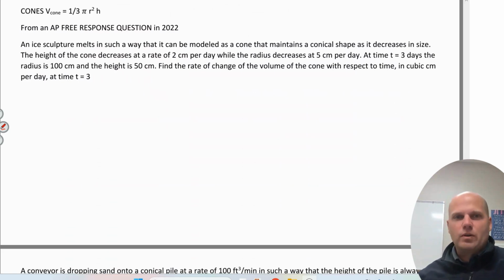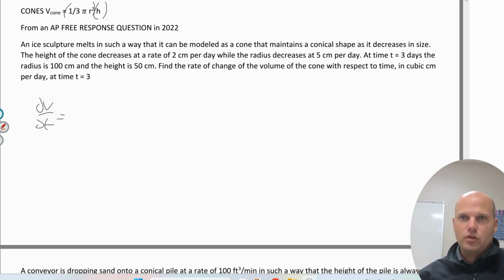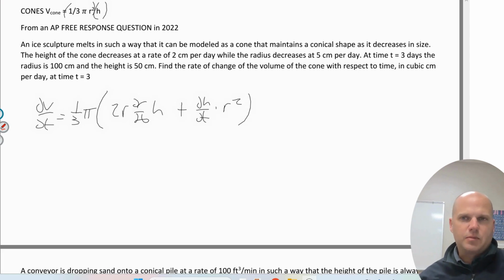A lot of times when we have a different situation, we have this cone, we forget that when we're taking the derivative and getting the change equation of the cone, you have to use the product rule. Whether you leave out the 1/3 pi or you bake it in, it's up to you. But don't forget the product rule.